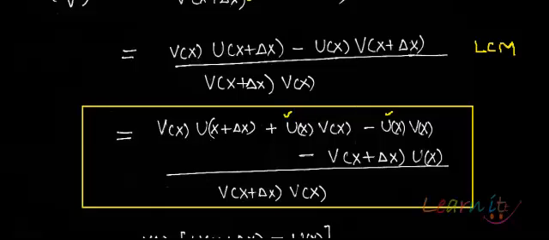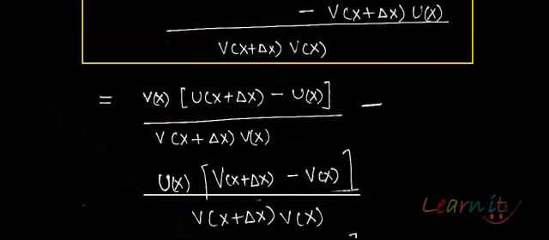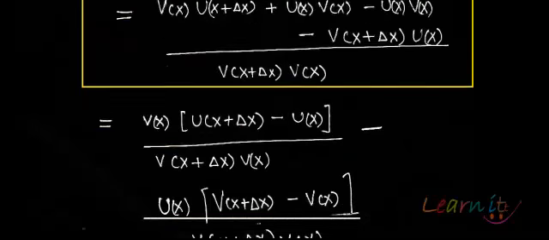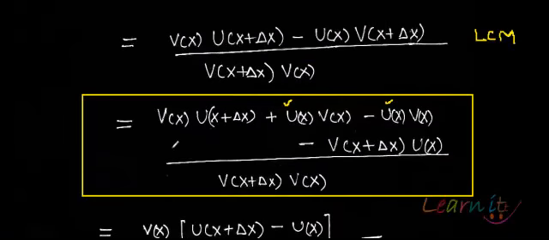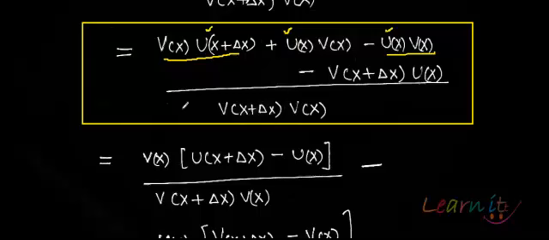Let's see how. In this numerator, in case I take out v(x) common, combining this term and this term with a minus sign, I will have u(x plus delta x) minus u(x) in the big bracket, and v(x) is common.